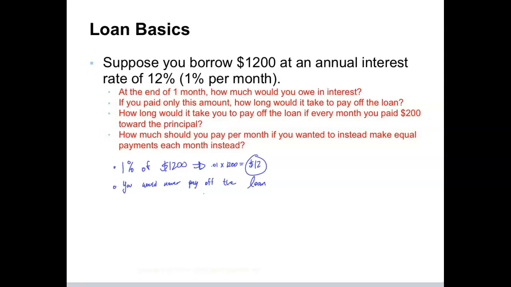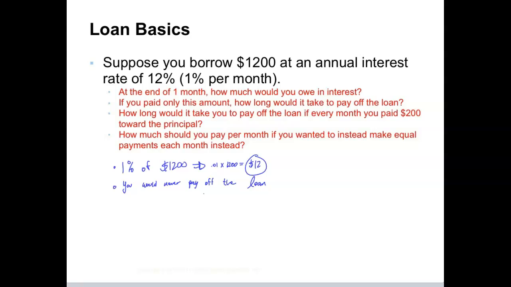You would be paying $12 a month, but every time you paid it, you would only be paying off the interest, so the principal would still accrue interest, and you'd only be paying it back down to $1,200 perpetually.